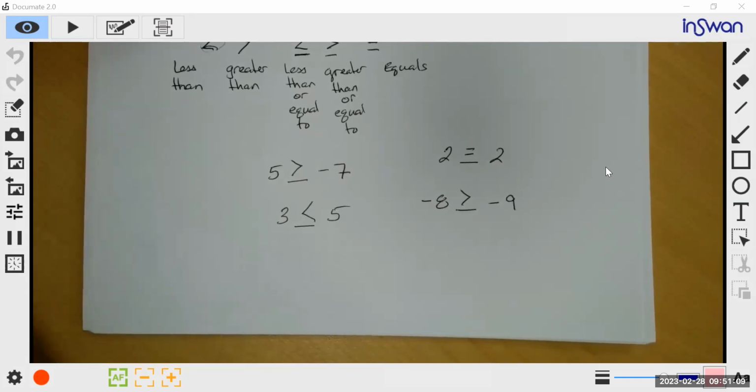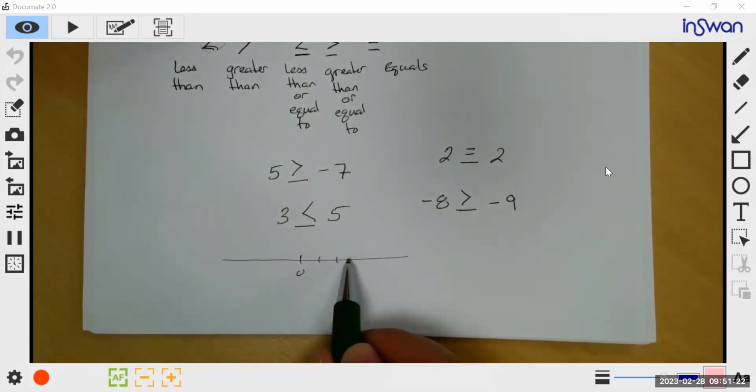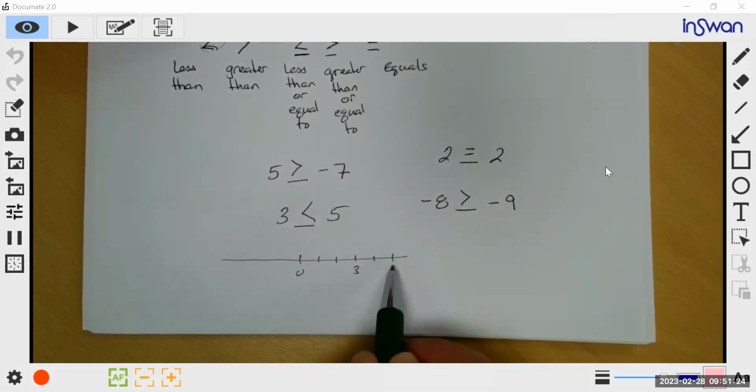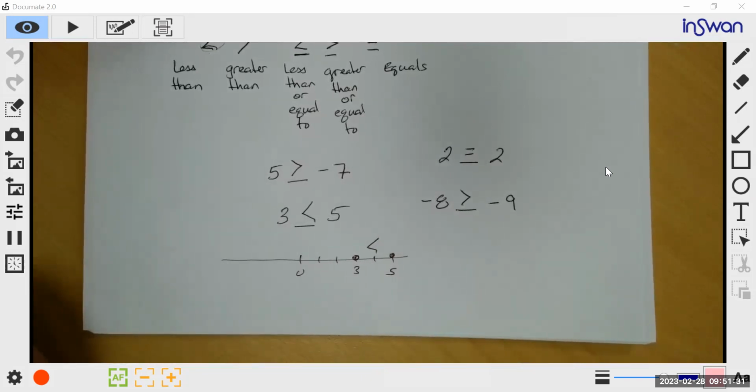How do we know 3 is less than 5? Exactly. Three is here, 5 is here, and it points to the smaller one.